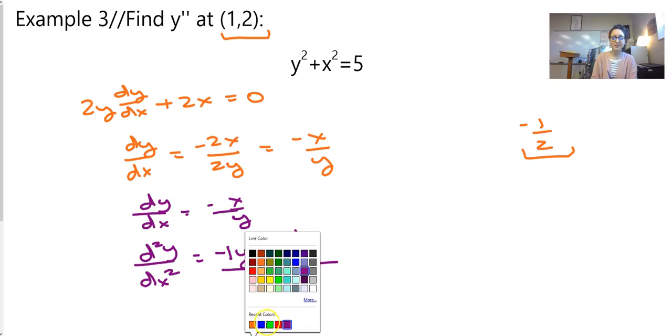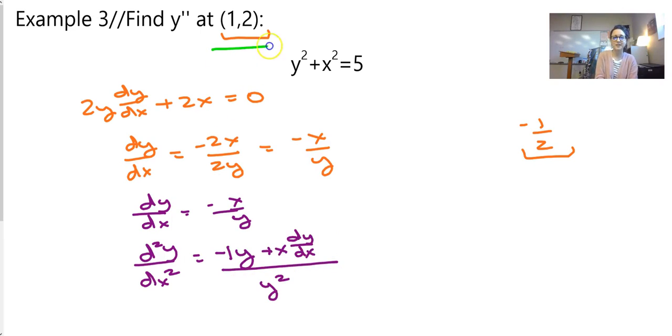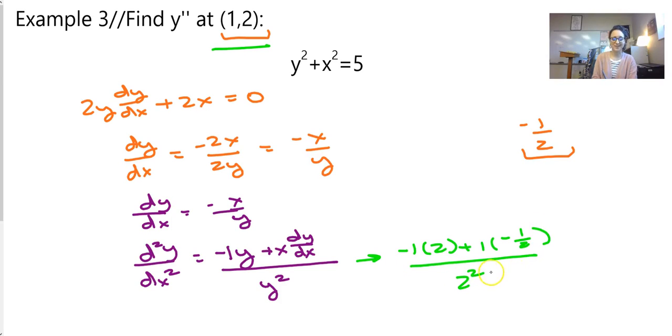We're almost there. Now we can go ahead and plug in the point (1, 2). So I get negative 1 times 2 plus 1. Now dy/dx, remember I found that earlier. That is negative 1/2, all over 2 squared, right?